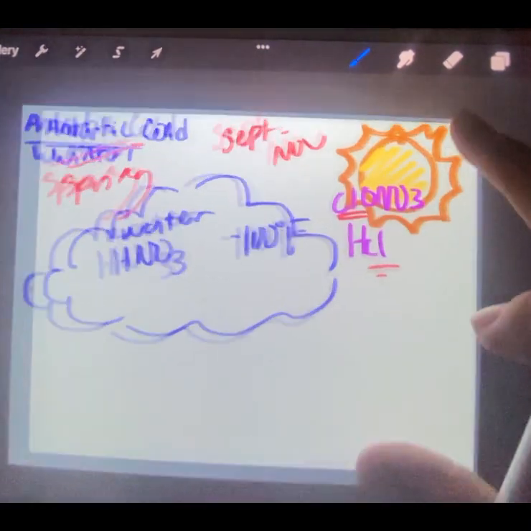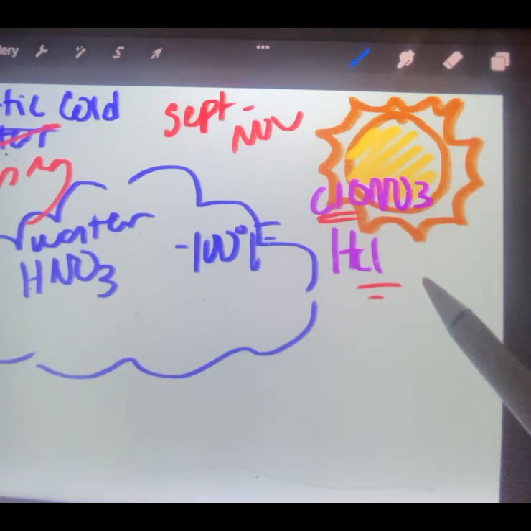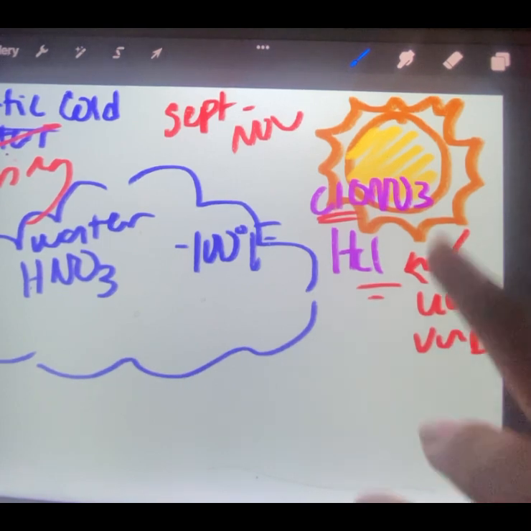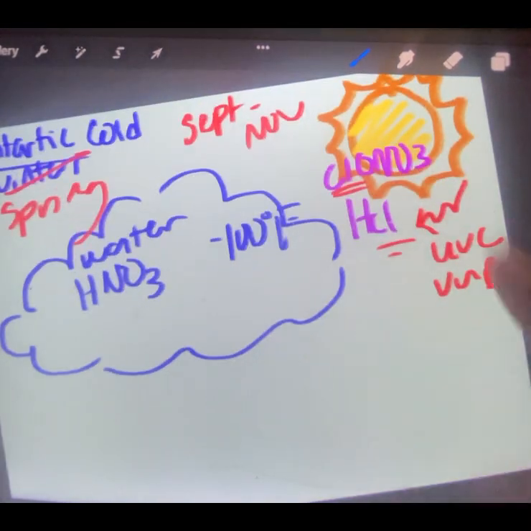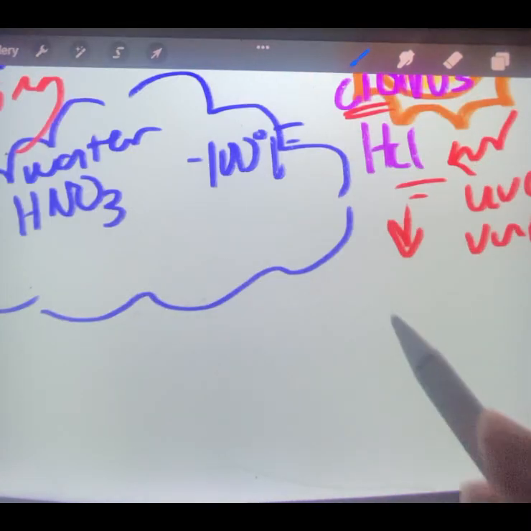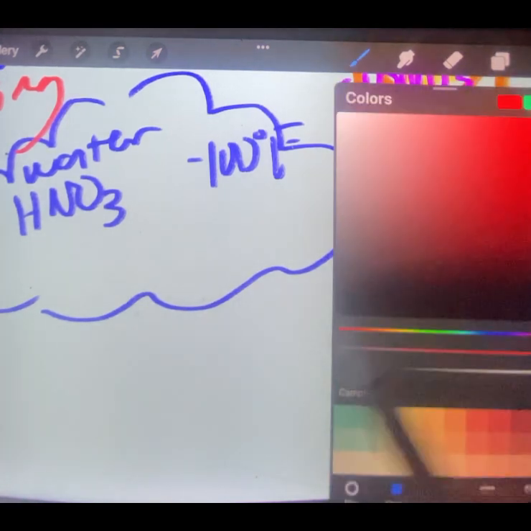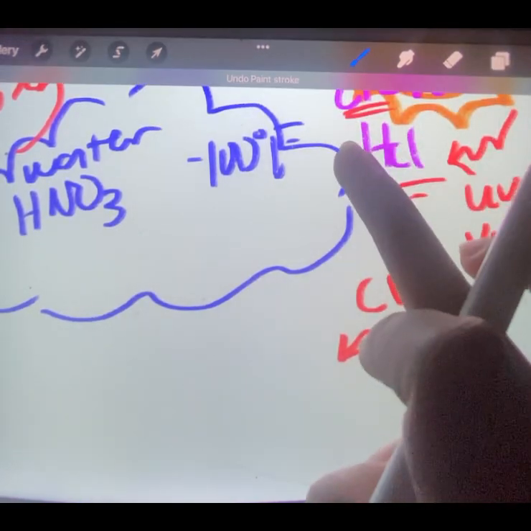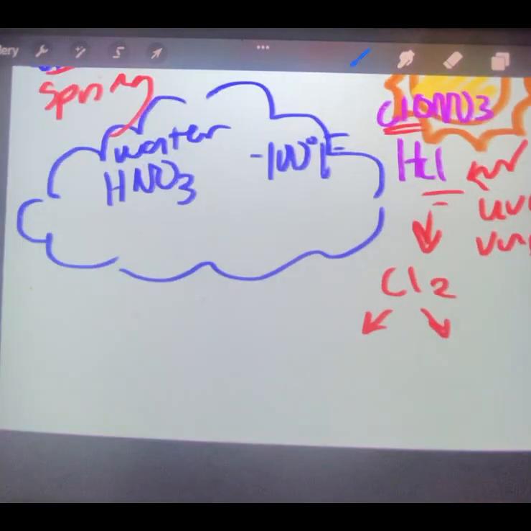We start to see the UV rays from the sun, again UVC and UVB, start to break down these molecules into Cl2. These further break down into individual Cl atoms.